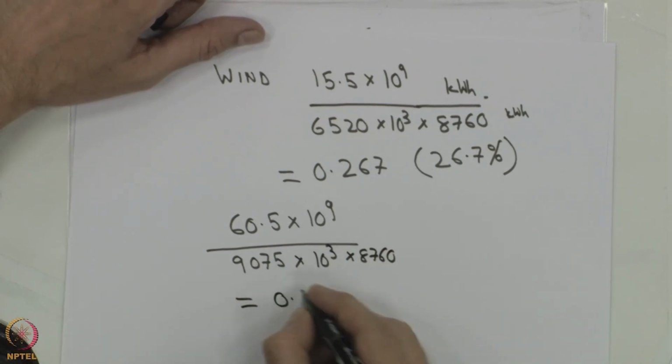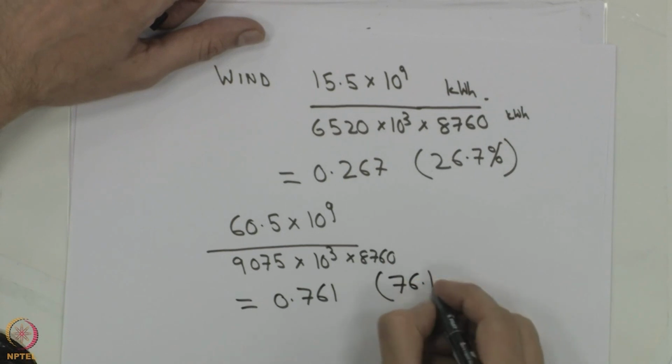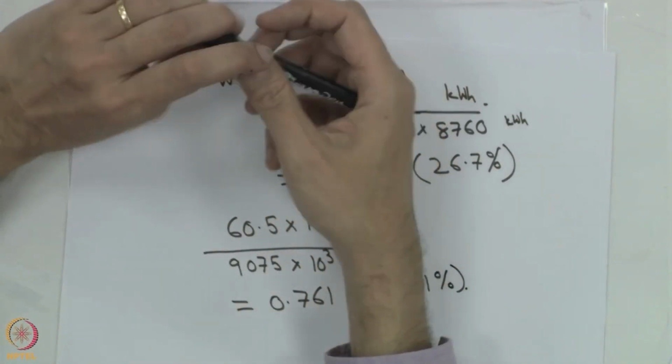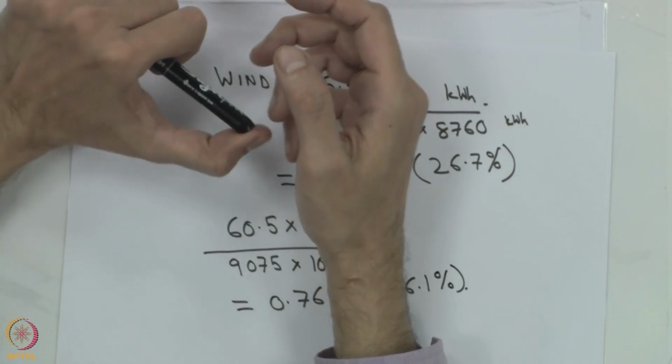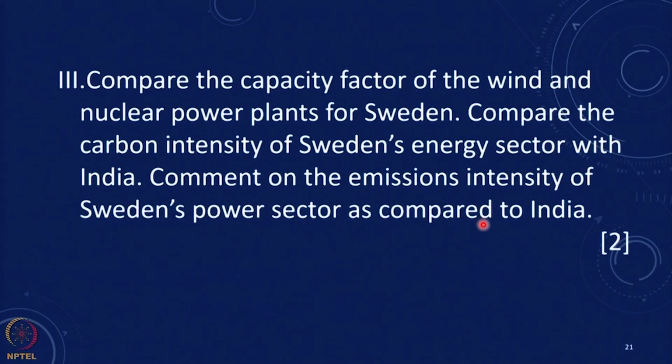Calculate this, you find 0.761, 76.1%. We are also asked to compare the capacity factor of these. Obviously, the capacity factor of nuclear is higher. We expect that it runs as a baseload plant. For wind, the capacity factor is constrained by the supply of the wind.